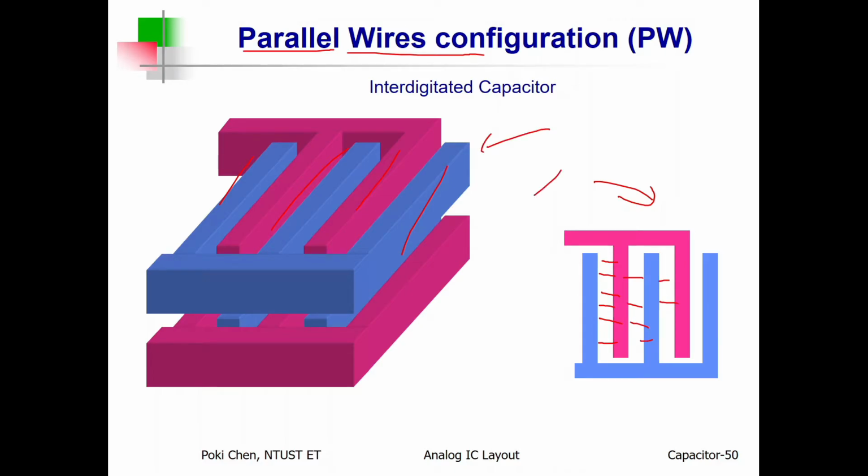However, between layers, you still have vertical flux. So you can see for parallel wires, the capacitance depends on not only vertical flux, but also lateral flux. We hope we can focus on lateral flux, and we don't want the capacitance to be dependent on vertical flux. All right, let's go further.